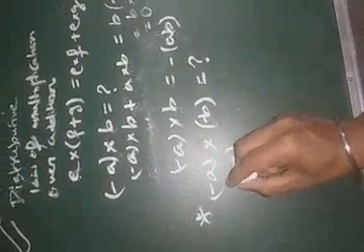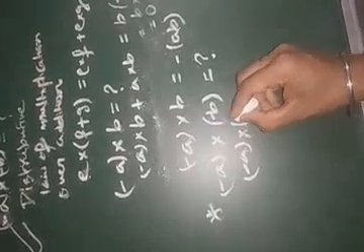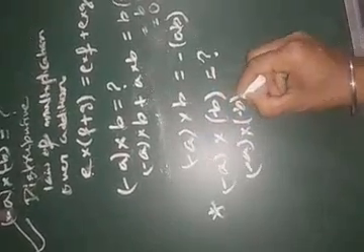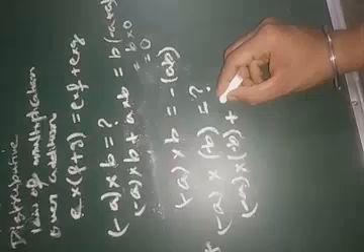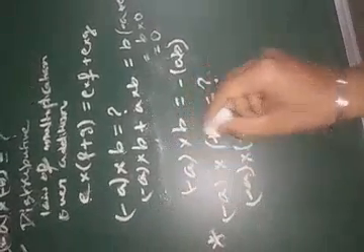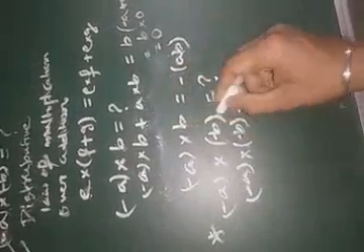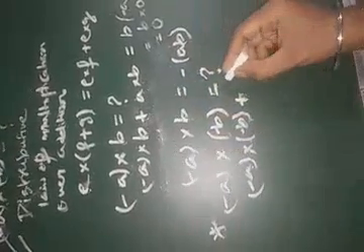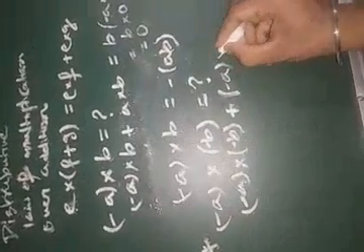Then minus a times minus b we add with minus a times b, only a change in sign in b.